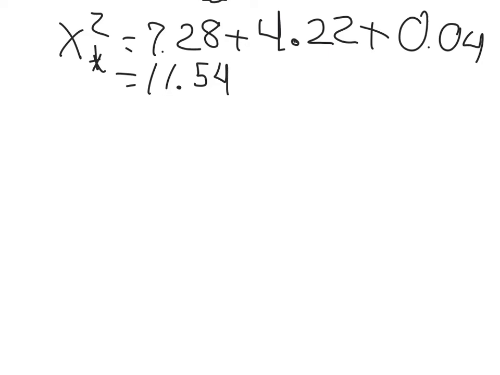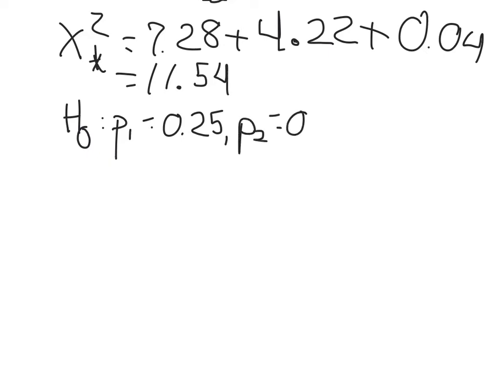All right. So now we need to set up our test of hypotheses. So essentially, when you set up the null, it's just going to be a listing of the probabilities. So you're going to have P1 is 0.25, P2 is 0.50, and P3 is 0.25.